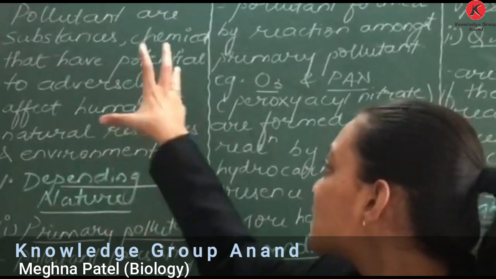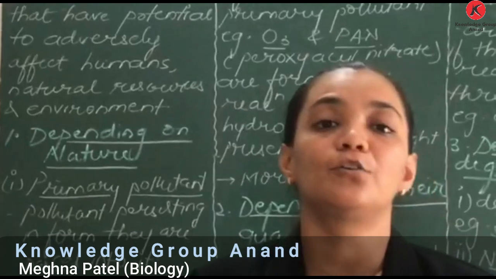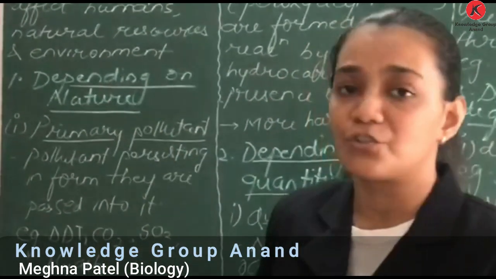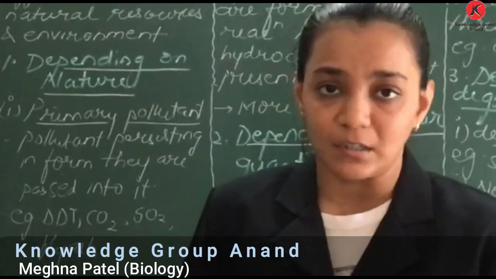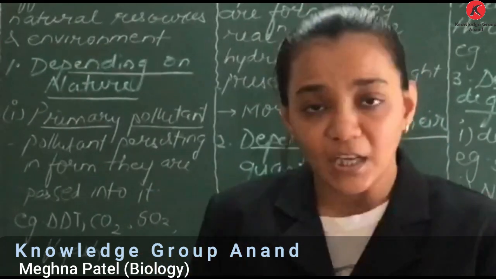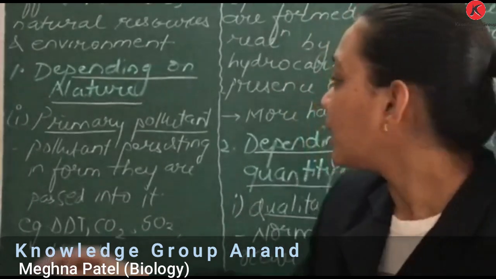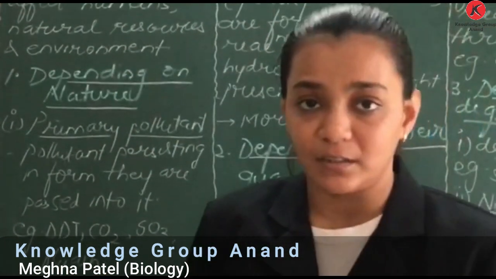Pollutants are classified into three major types. The first is on the basis of nature. On the basis of the nature of the pollutant, pollutants are of two types: primary pollutants and secondary pollutants.